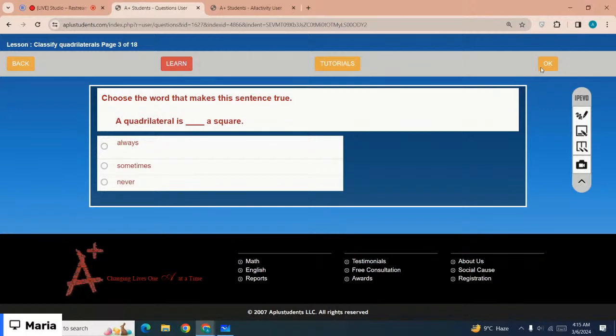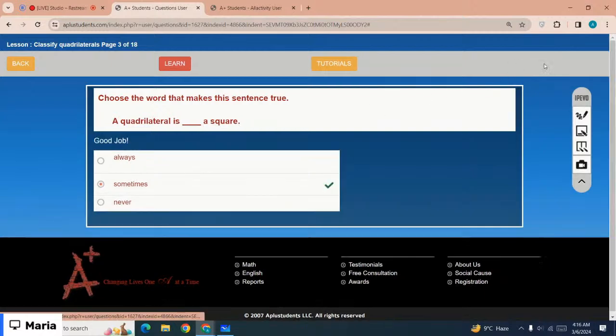A quadrilateral is dash a square. Always, sometimes, never. Which is the correct option? Quad means four, right? So a quadrilateral is a four-sided shape. Yes, sometimes it is a square, not every time. Not always or never, right? Sometimes it's a square.